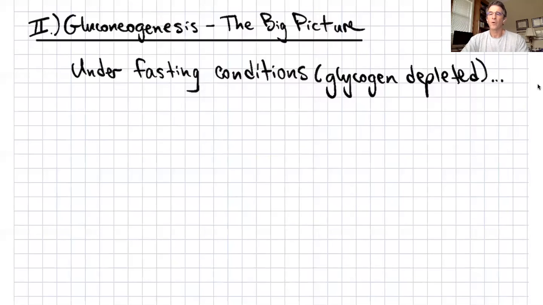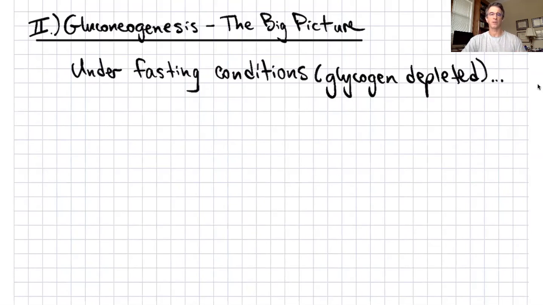Okay, guys. So what happens under fasting conditions, right? When glycogen stores have been completely depleted and all you have available is other sources of carbon equivalents. You don't have any more glucose, right? Like I said, we've got these glucose dependent tissues. We got to make glucose, right?